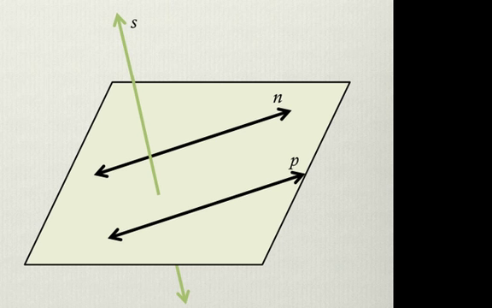Line S is skew to both lines N and P. It is not going to intersect either of those two lines. It would be similar to if you were to take your notepad and draw two lines on it, and then take your pencil and place it so that it would look like it's piercing through your notebook. That pencil would be a skew line to the lines that you just drew.